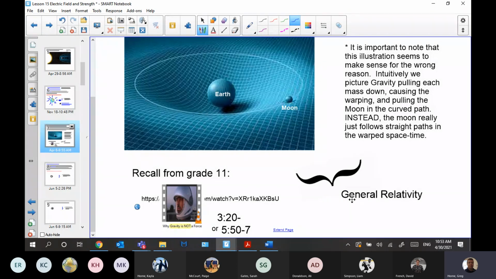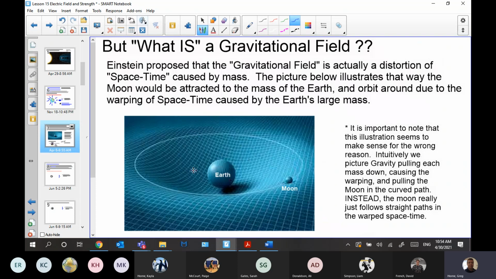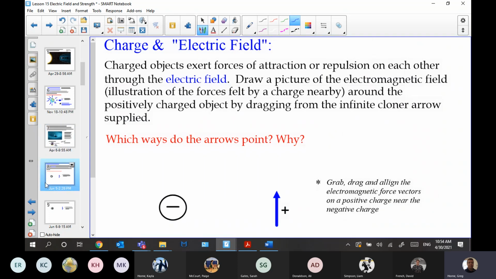Grade 11s saw the video already. Grade 12s, I'd suggest watching that for sure. It will probably cause your head to explode, and we'll probably have a little video session at some point to help you understand it. It talks about Einstein's explanation of the gravity field. Anyways, it's not really related directly to what we're talking about.